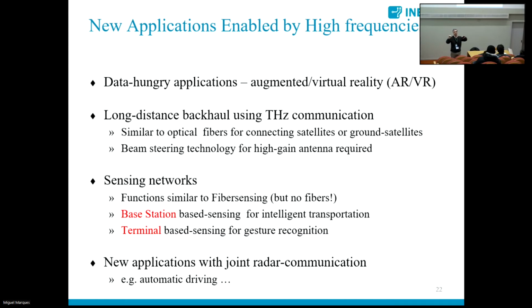So in order to enable communication between this equipment, we may have optical links or links operating at terahertz, which enable us to transmit terabit per second. But of course, they should be very, very much focused. This is an application for this type of technology.